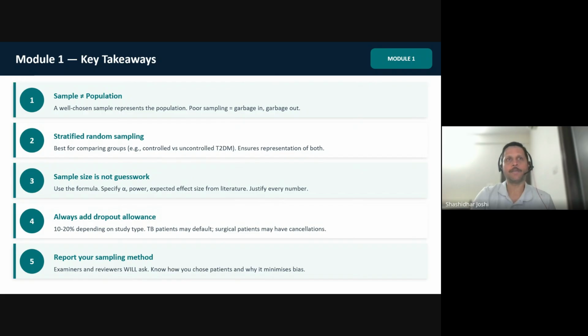And report your sampling method. It's very important in your experiment also, please ensure that you put language around what way you have chosen the sample, what scientific methodology you have used, even in your observational studies. So these are the 5 key takeaways, laying a foundation for you to think about your sample size in your experiments.